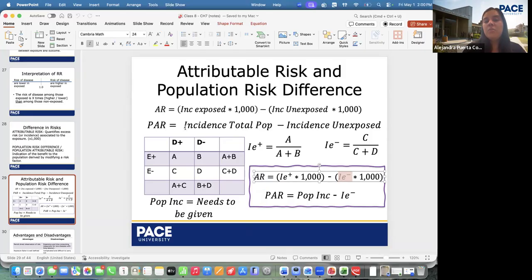And then the population attributable risk, the incidence in the total population, which I would need to give you or you would need to calculate, minus the incidence in the unexposed or the non-exposed. If I don't give you the incidence in the total population, how are you going to calculate it? Everyone who got a disease, regardless if they were exposed or not, divided by your total population, right?